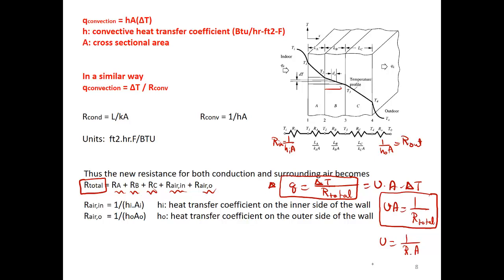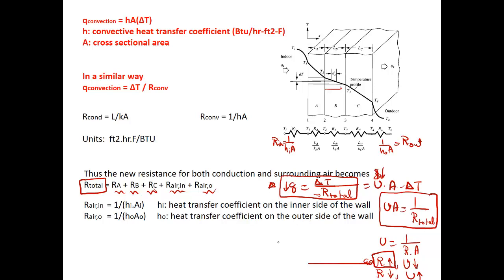So as the resistance increases, then U decreases, or as R decreases, then U is going to increase. What that means is, as the resistance of the wall or the material increases, then you have a lower heat transfer rate. And it's the same because R is down here, so if R increases, Q will decrease, or if U decreases, then Q is going to decrease as well.